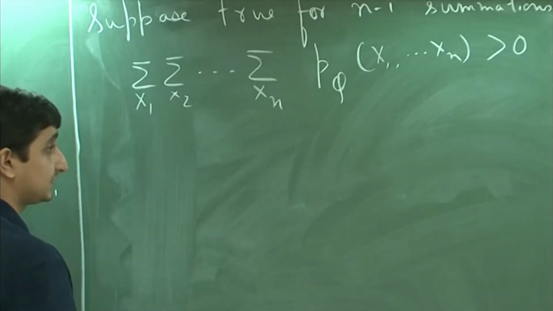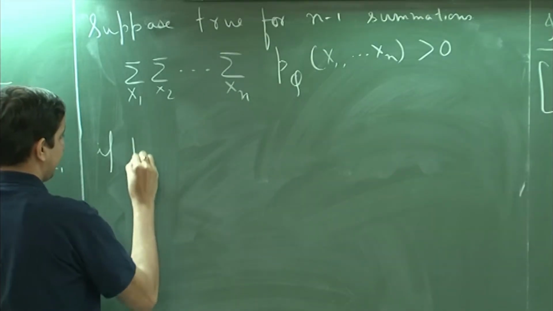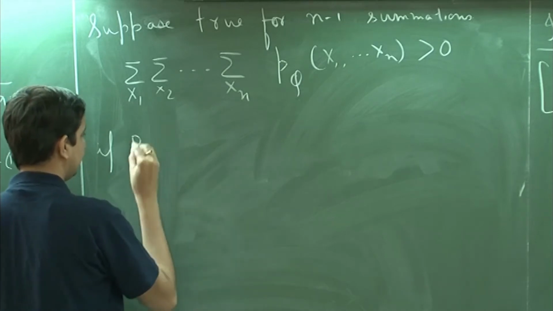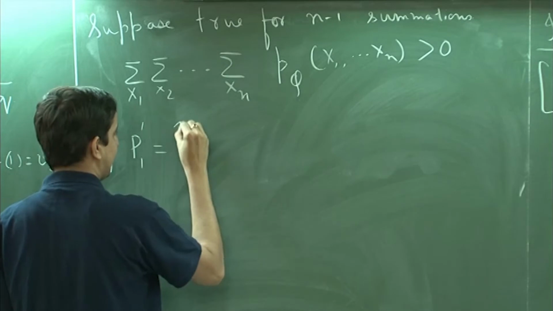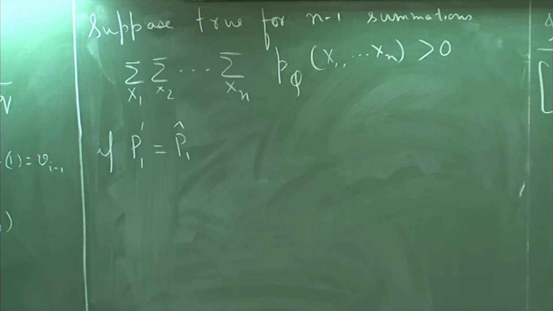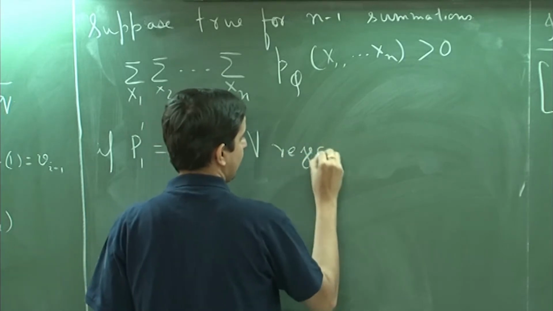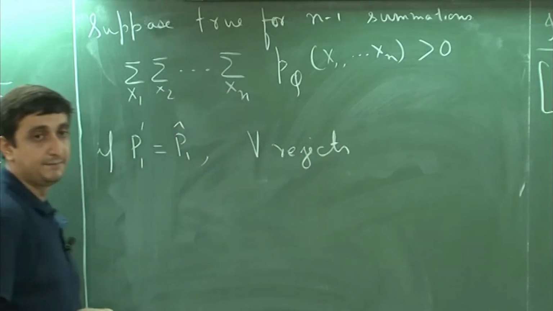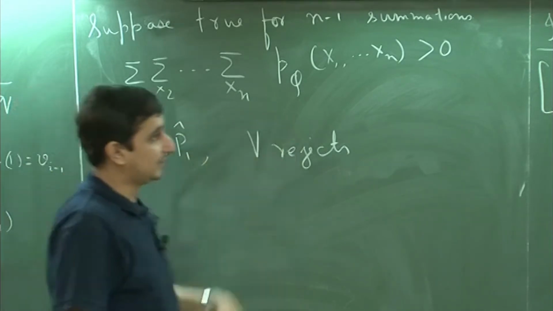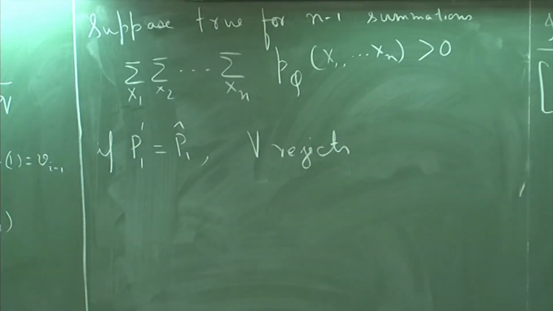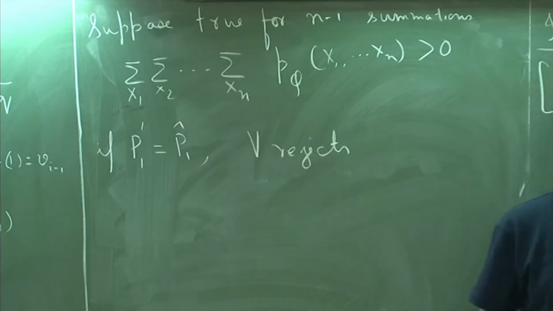Again, if the polynomial sent by the prover, let us say p1 prime, is equal to p1 hat, then the verifier immediately rejects, again by the same thing, because he will find that that summation does not equal 0.